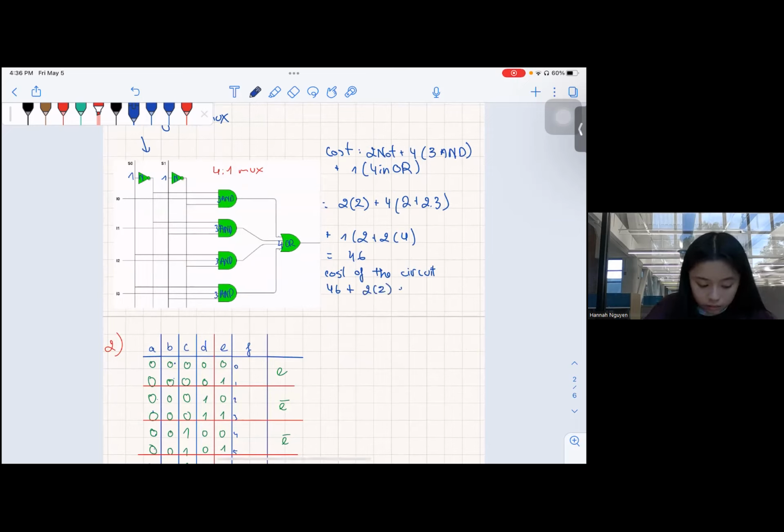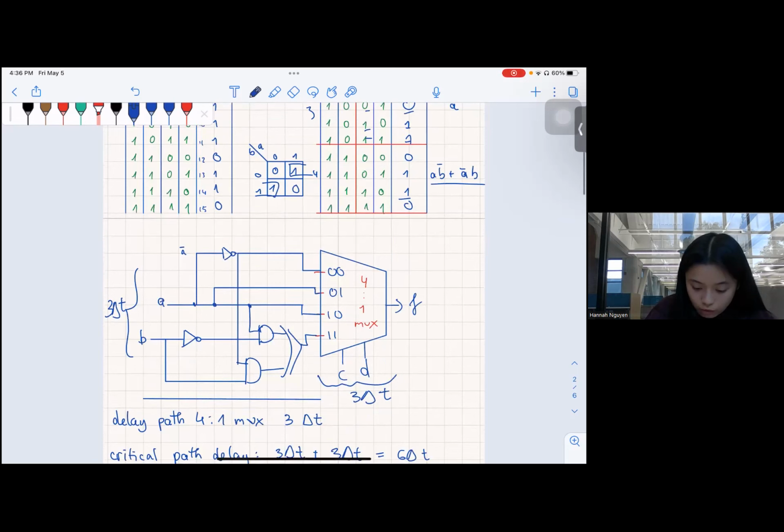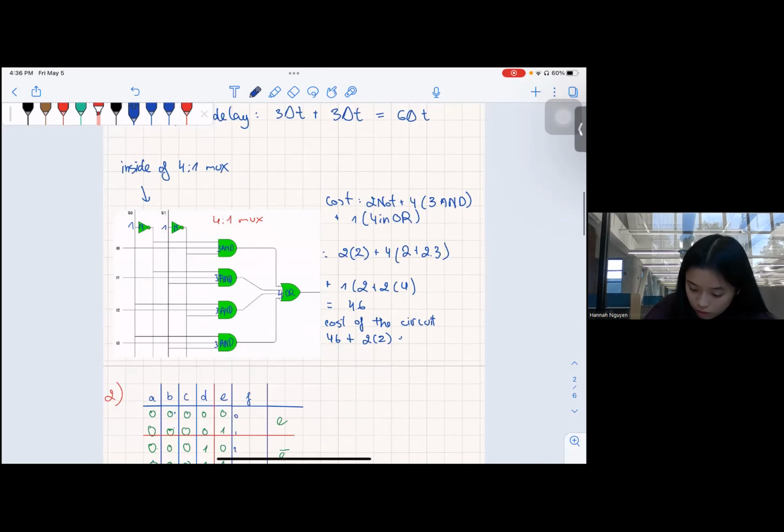And then looking back to the circuit, we have 2 AND gates with 2 inputs. So 2 times 2 plus 2 times 2. And then we have 1 OR gate, 2 input, times 2. So in total, the cost is 68.